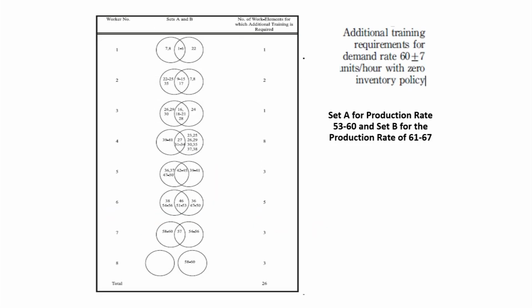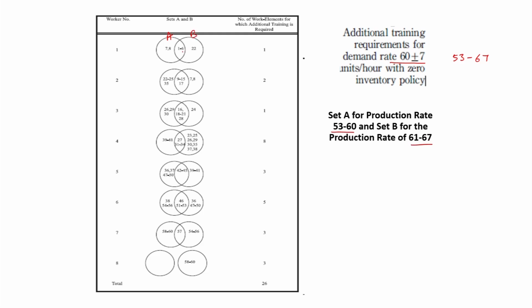Now, we are drawing the Venn diagram to find out the additional training. As one example, if my production rate is varying from 60 plus minus 7, that is 53 to 67, then which are the elements which need to be trained? We found that set A is for a production rate of 53 to 60, and set B is for 61 to 67.